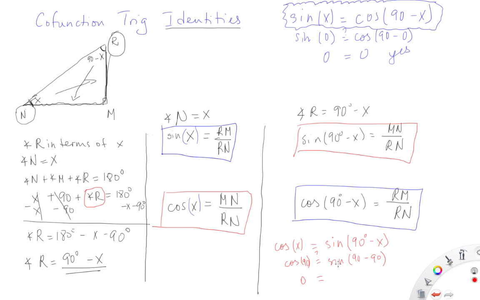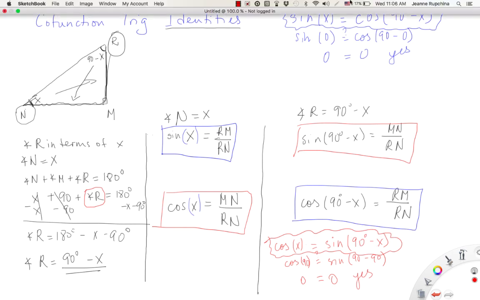And sine of 0 degrees is again equal to 0. Also, yes, this over here represents a cofunction trig identity. Therefore, no matter what number I put in for X, both sides will always be equal. Hope this is clear. Let me know if it's really troublesome to understand it.